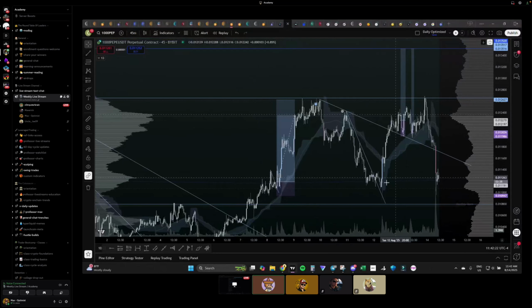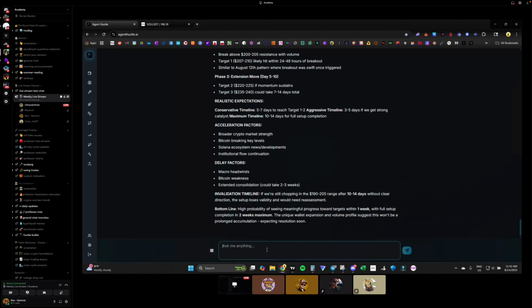Hustle thinks of this. So this trade was on Friday the 8th, and this trade was on Wednesday the 13th. So let's go back to this. Okay. I would like you to analyze Pepe USDT on Friday, August 8th, 2025, and August 13, 2025.